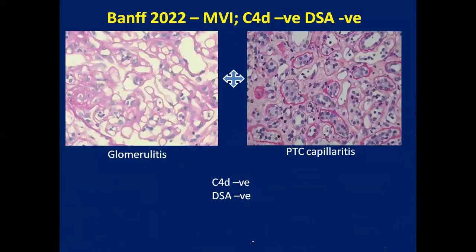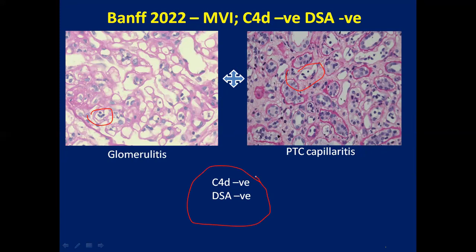But in BANFF 2022, they suggest that this should be labeled as microvascular inflammation, MVI, DSA negative and C4D negative AMR. So what I want to say is that the recent thing is BANFF 2022: if microvascular inflammation is there, C4D is negative, DSA is negative, and there is glomerulitis and PTC capillaritis, then even if C4D and DSA are negative, you have to say microvascular inflammation is there.